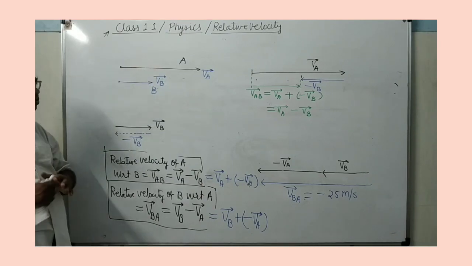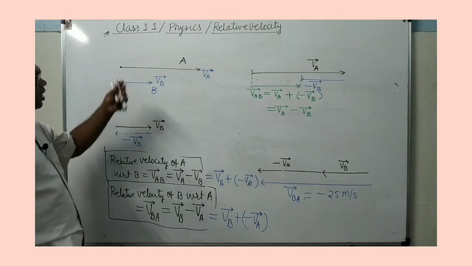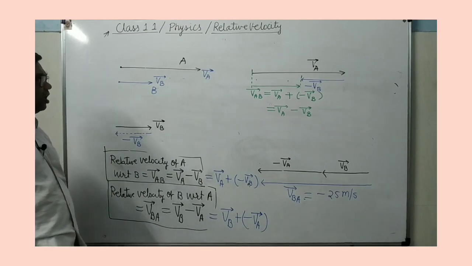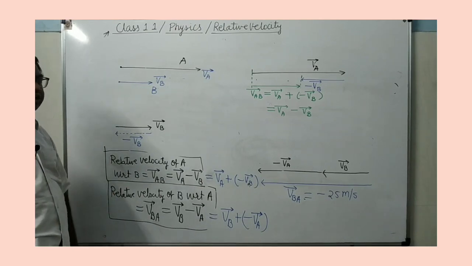It's clear? Now see here. Here we have taken the velocity vector of A longer and velocity vector of B as shorter.